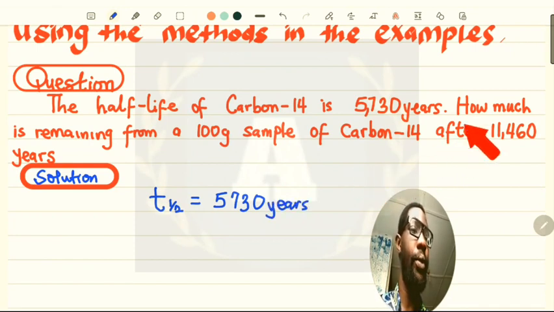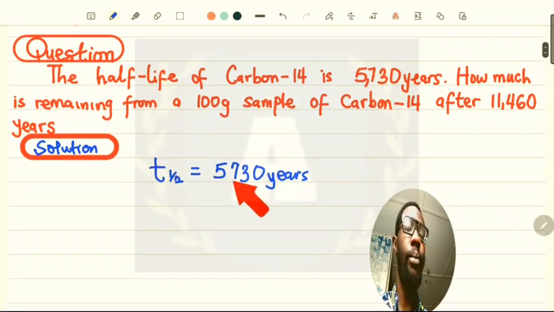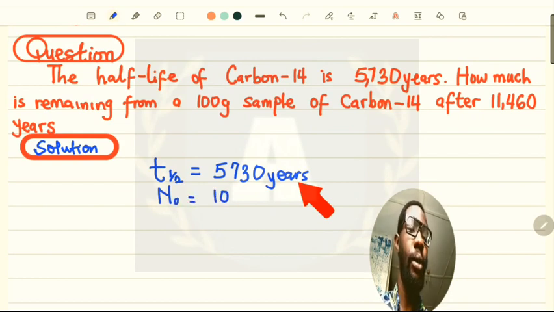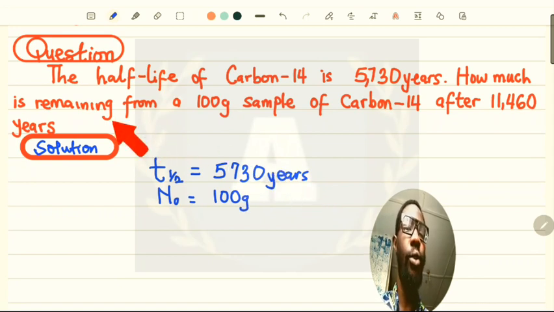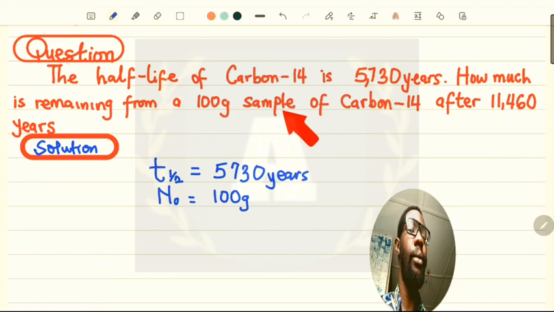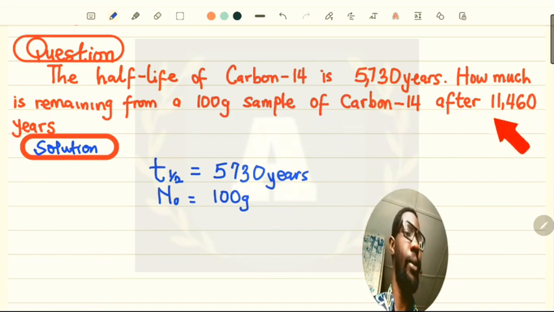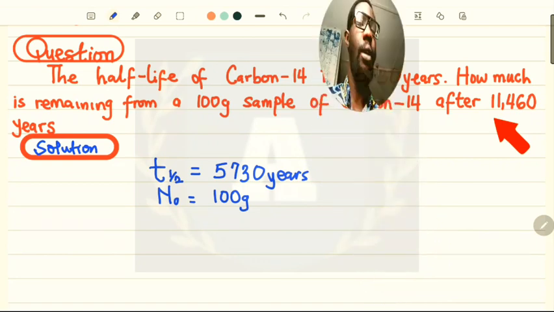Now the question is how much is remaining from 100 gram? So the initial mass of the sample is 100 gram. How much will remain from a 100-gram sample of carbon-14 after 11,460 years?